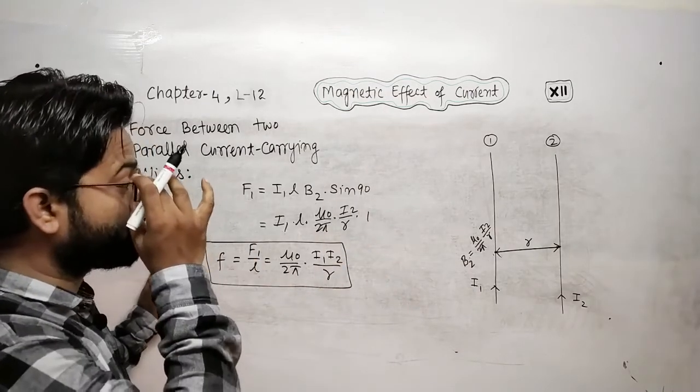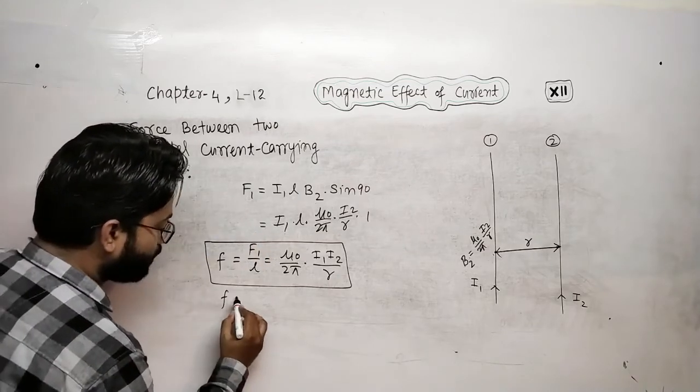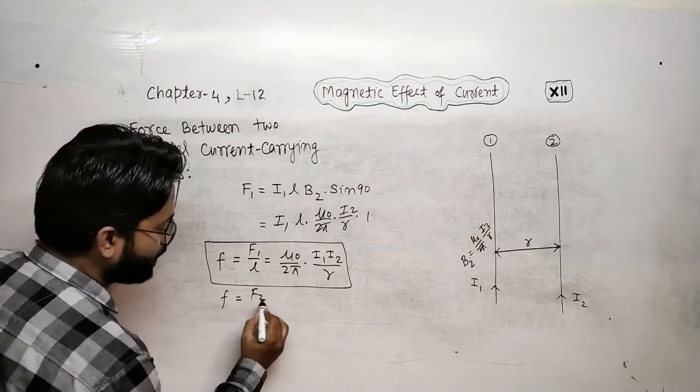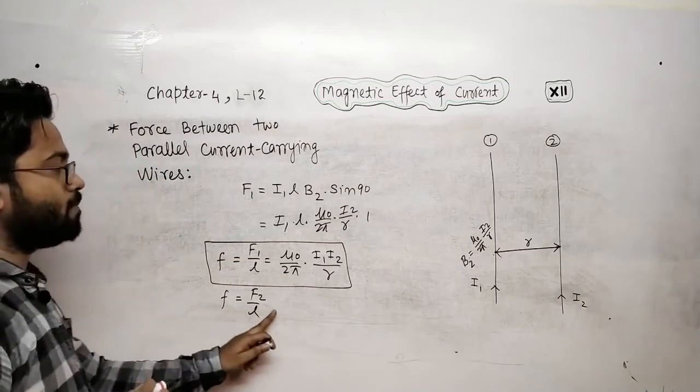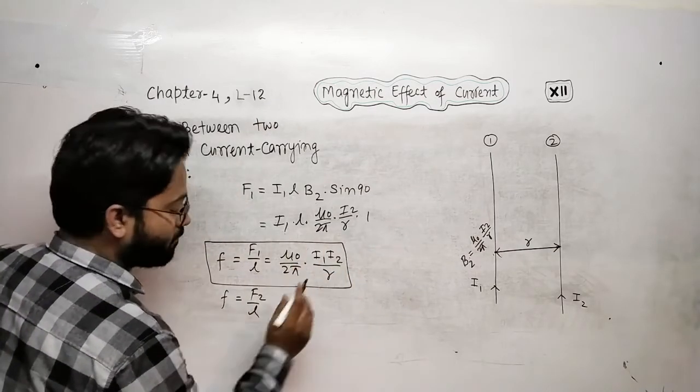Let us suppose f is equal to F2 upon L, meaning the force on the second wire.